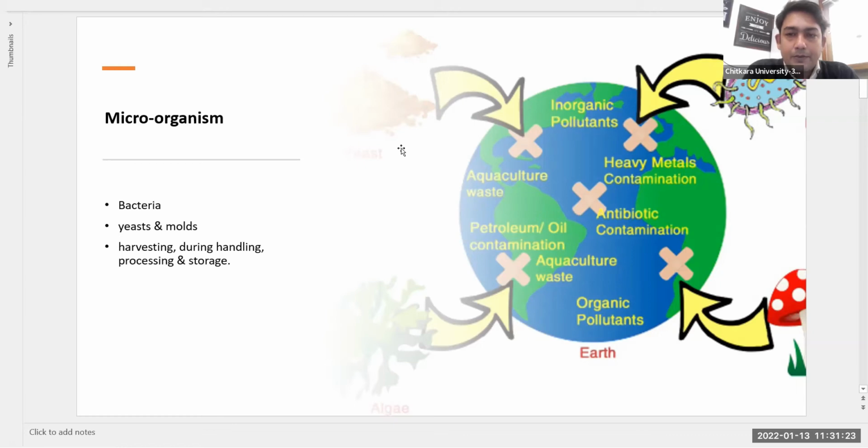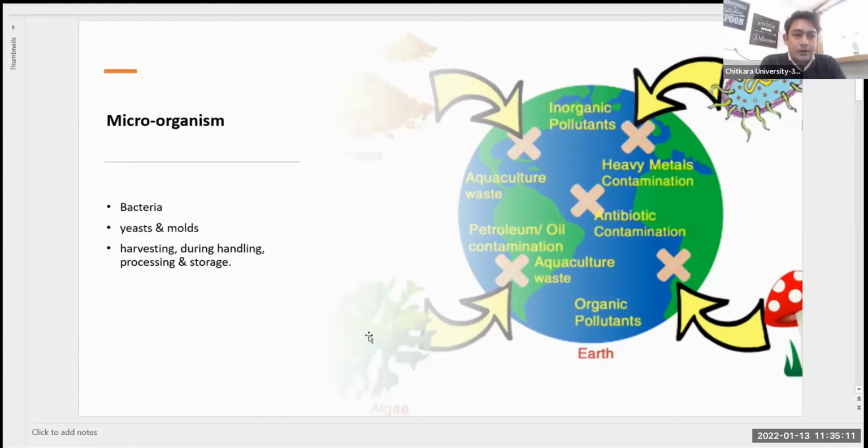So what will happen if proper insecticides or proper care are not taken, and microorganisms are introduced at any stage of the food product? It will affect the quality of the food product. Sometimes they will destroy the food product in the ground itself, in the field itself.